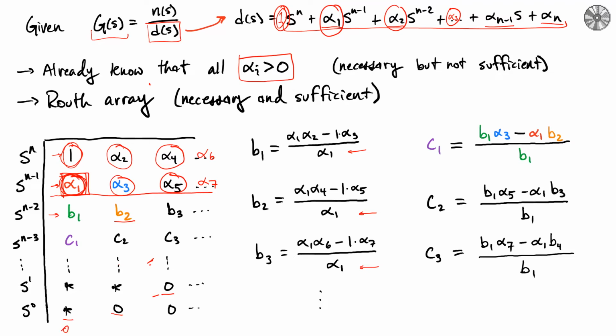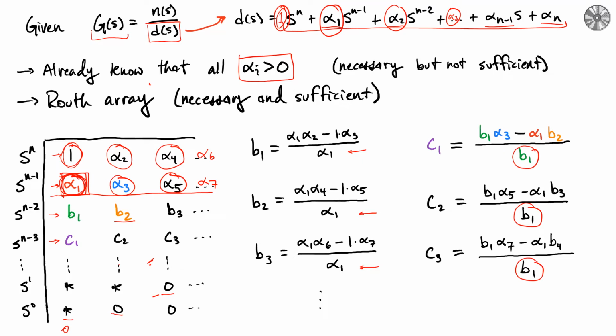So the C terms, then, in the fourth row, follow the same pattern, where we again consider the first and the second column, but now the common denominator is going to be B1. It's like we're shifting everything down by one row when we move from the third row to the fourth row.